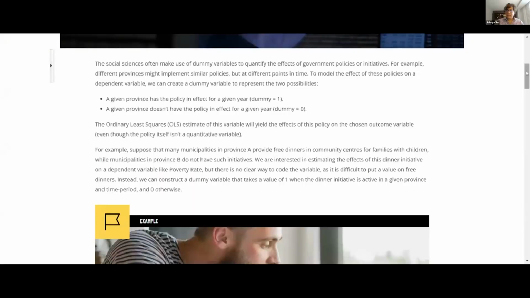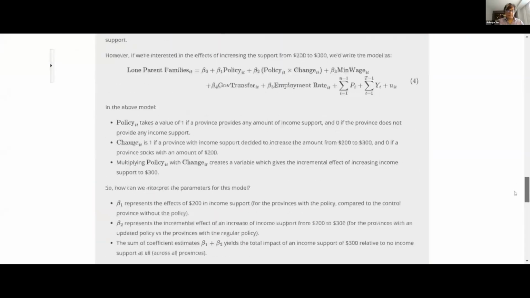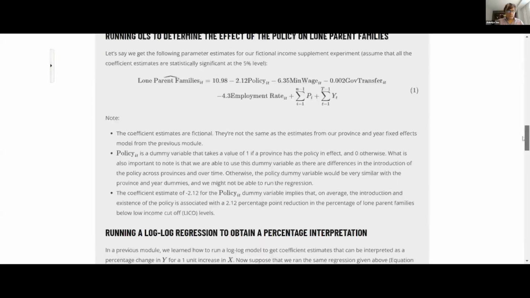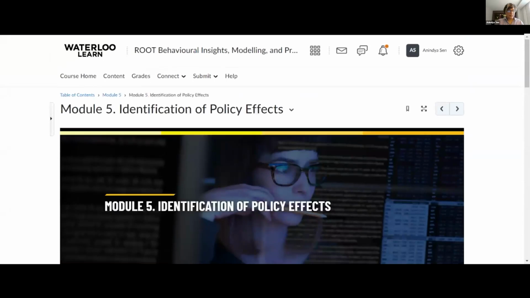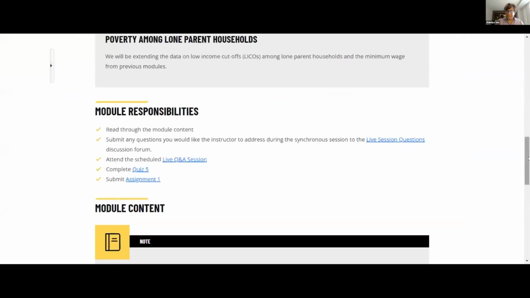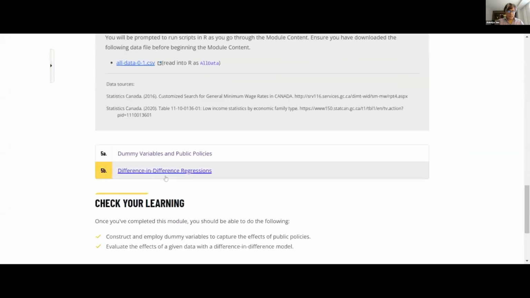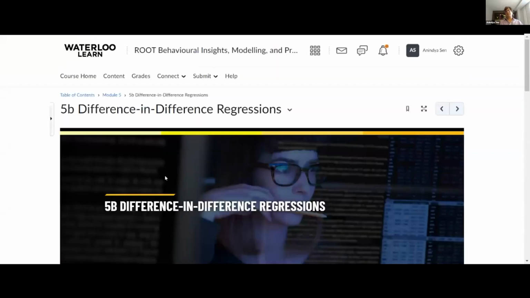Now, this leads to a concept called difference in difference regressions.